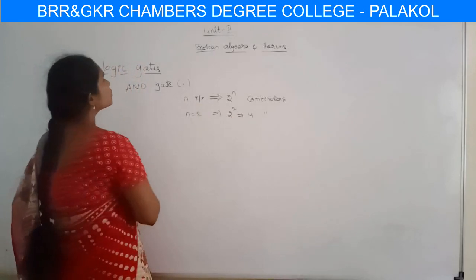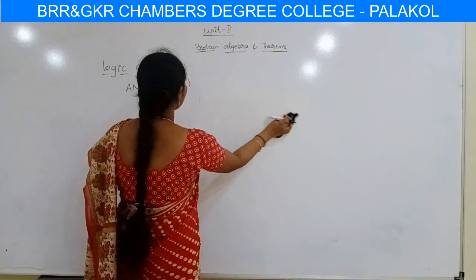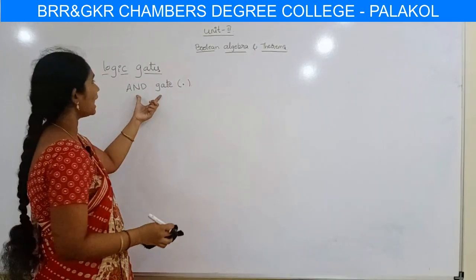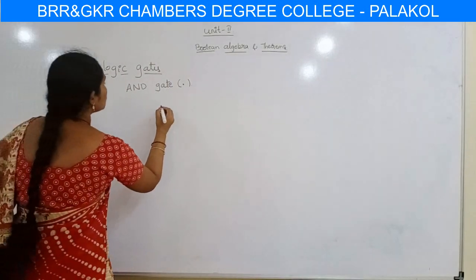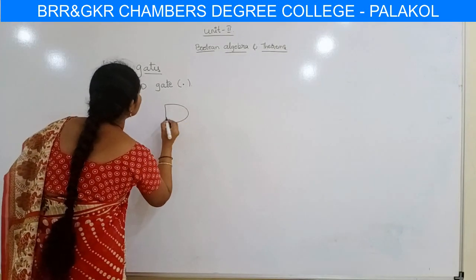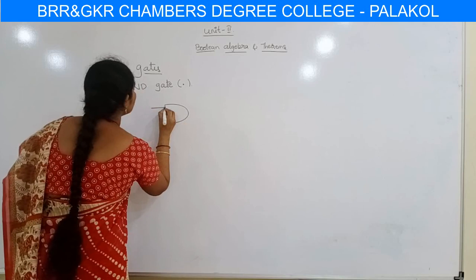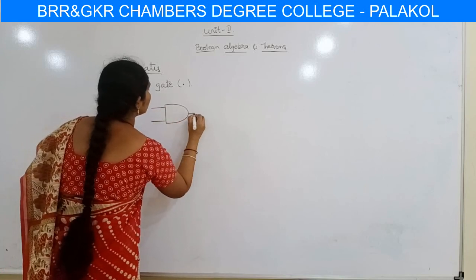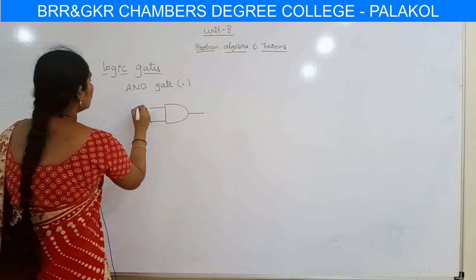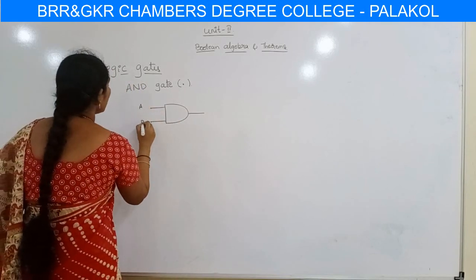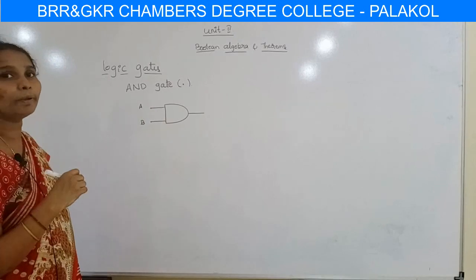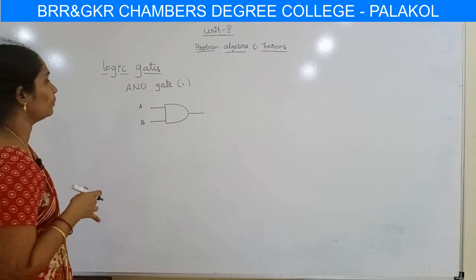So for example, the logic symbol for this AND gate is like this. For this gate I apply 2 inputs, that is A and B. When I apply 2 inputs, how many combinations will it produce? 4 combinations.